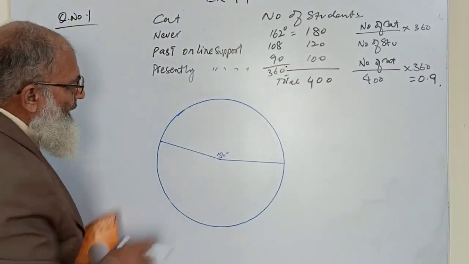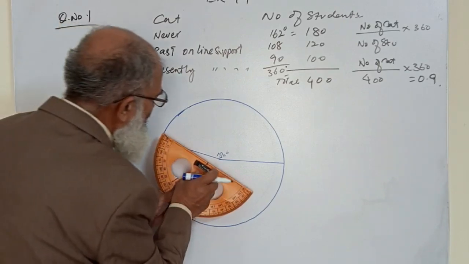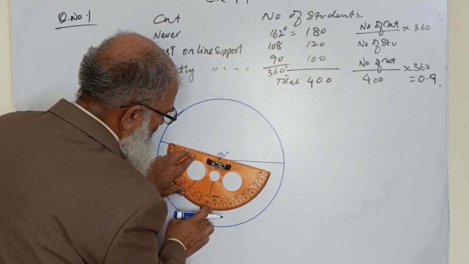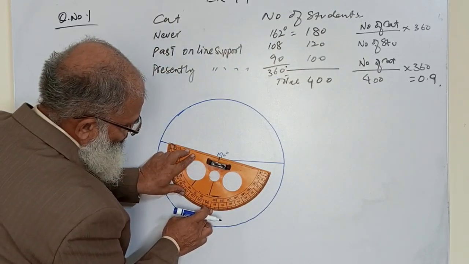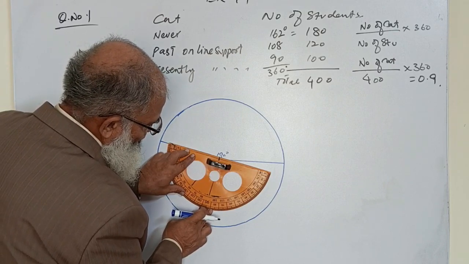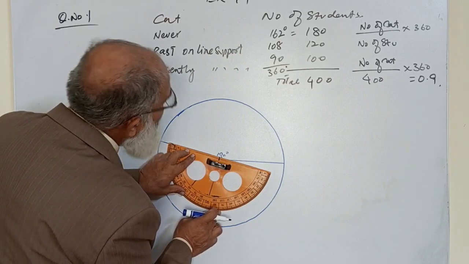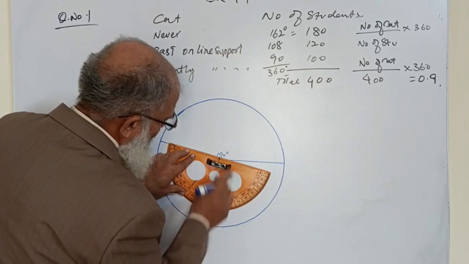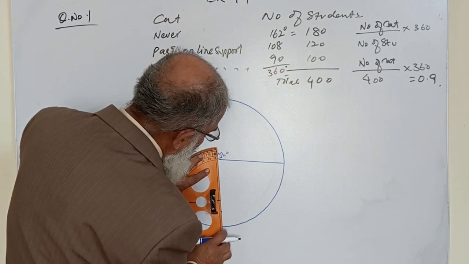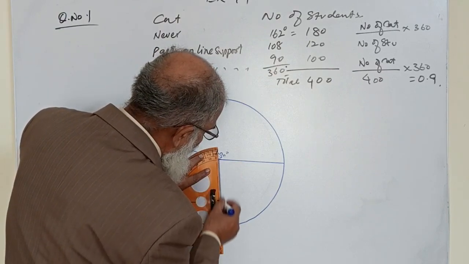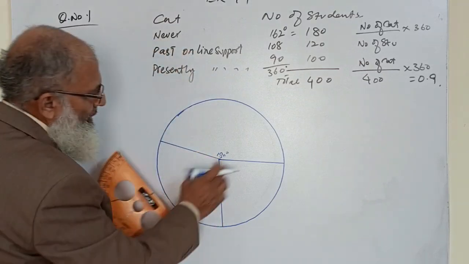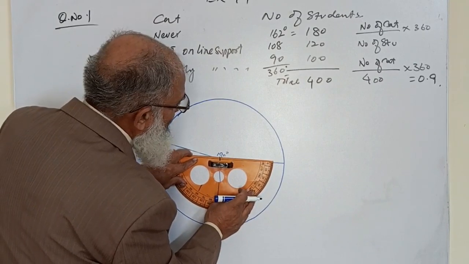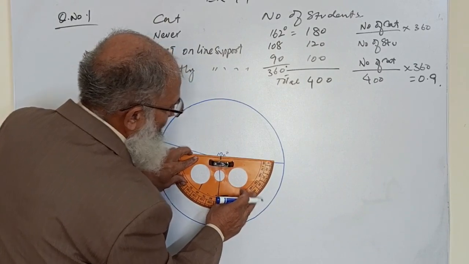Second one is 108 degree. We'll start it from here. 100, 105, 6, 7, 8. Okay. 108, and the remaining must be almost 90 degree. Yes, it is 90 degree.